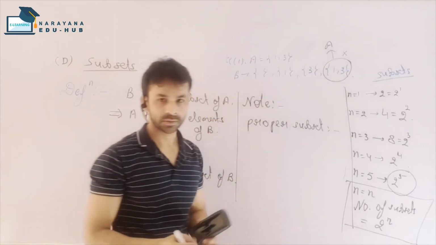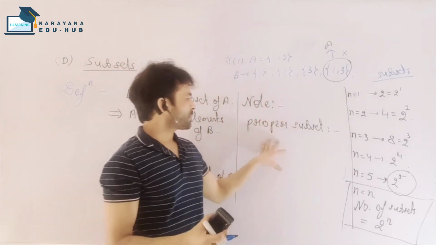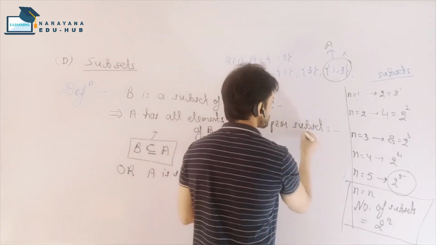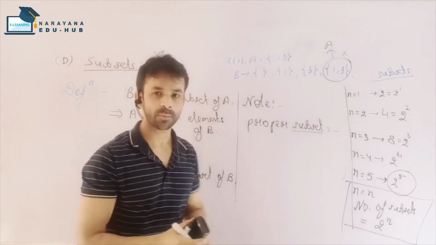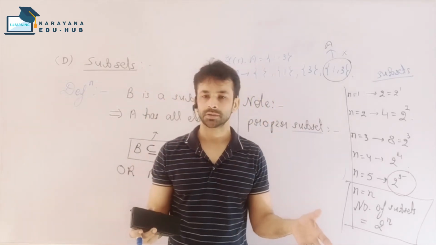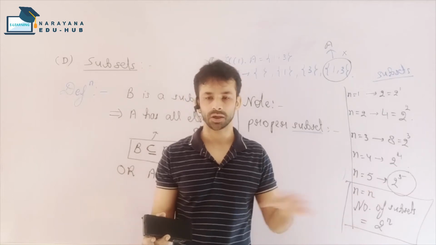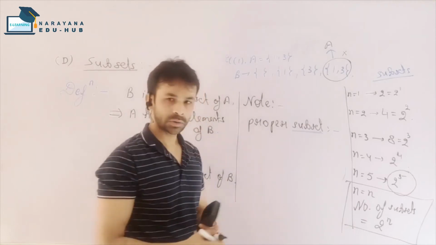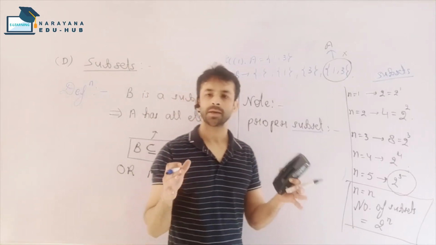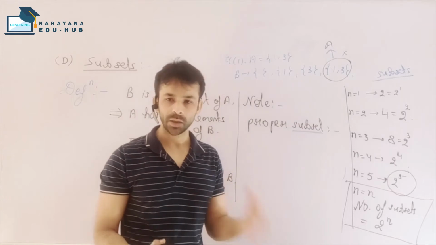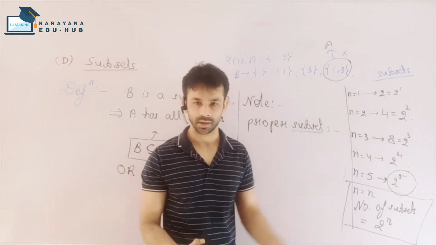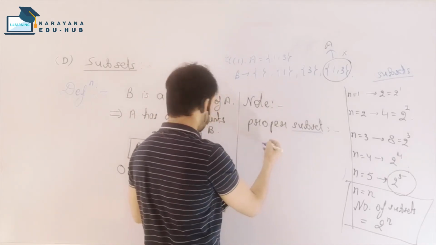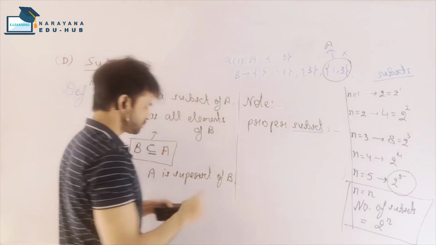So a proper subset is simply a subset which is proper, meaning not equal to that given set A here, right? And the symbol used for this is not this one, which is for subset. The symbol used is this.